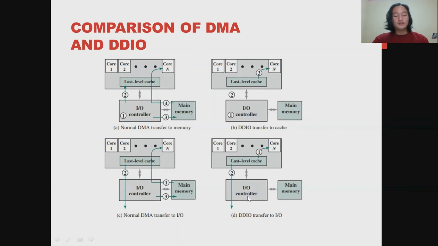Then the read operation initiated by the NIC is satisfied by the data from the cache without causing eviction to main memory. It should be clear from the side-by-side comparison that DDIO is more efficient than DMA for both incoming and outgoing packets, and is therefore better able to keep up with high packet traffic rates.